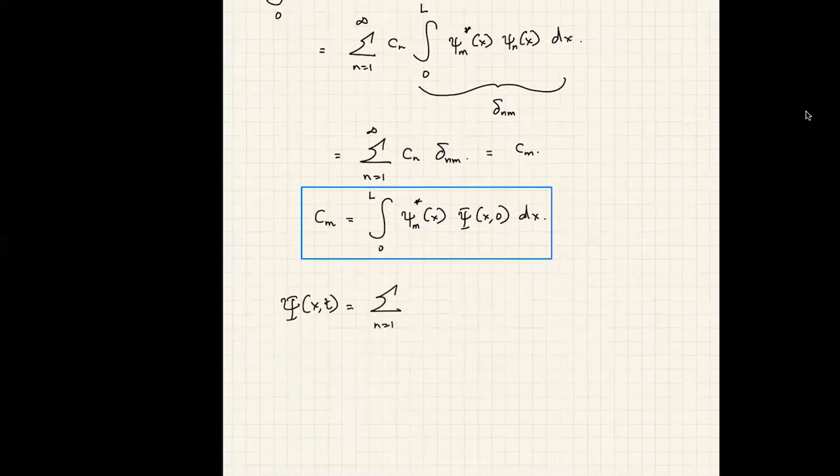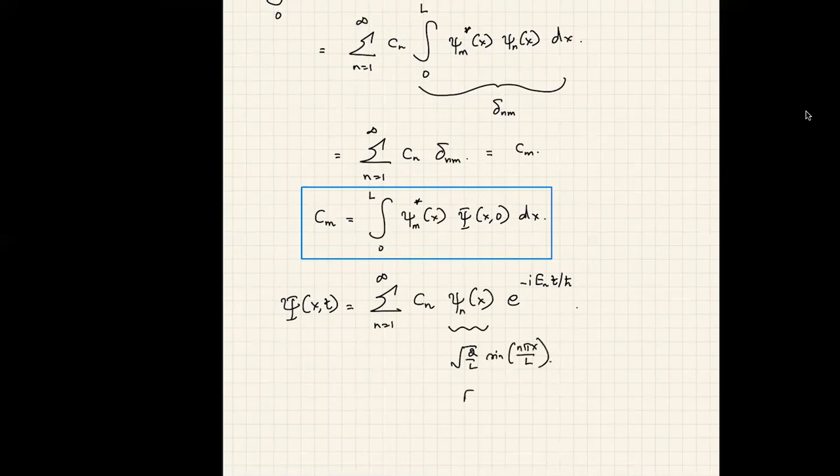This is nothing but the sum over n equal to 1 to infinity of Cn psi n of x e to the minus i En t over h bar, where psi n of x is nothing but square root of 2 over L sine n pi x over L, where En is nothing but n squared pi squared h bar squared over 2mL squared, and where the Cn's are given by this particular formula.